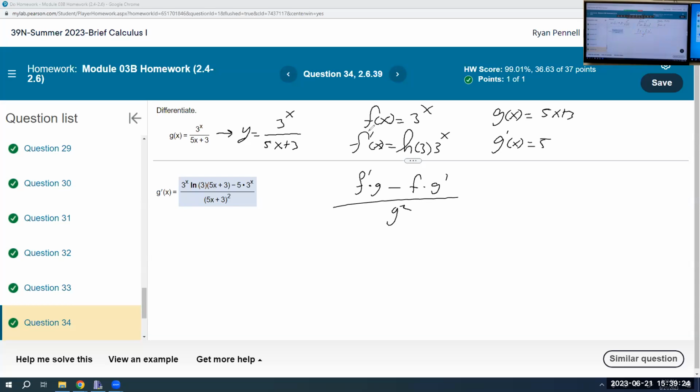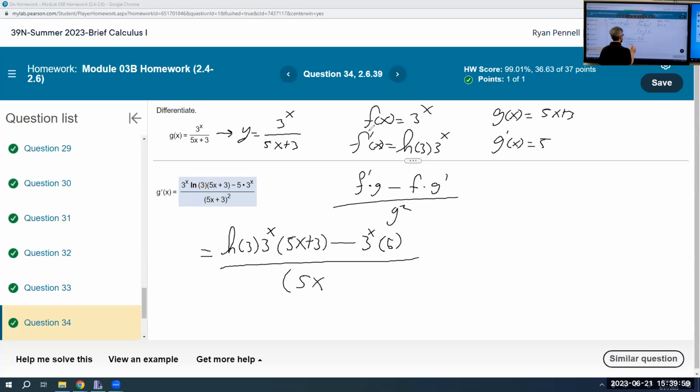So I just need to build that. We have natural log of 3 times 3 to the x, times the original g, 5x plus 3, minus the original f, 3 to the x, times the derivative of g, and then over g squared, 5x plus 3, just write that as squared.